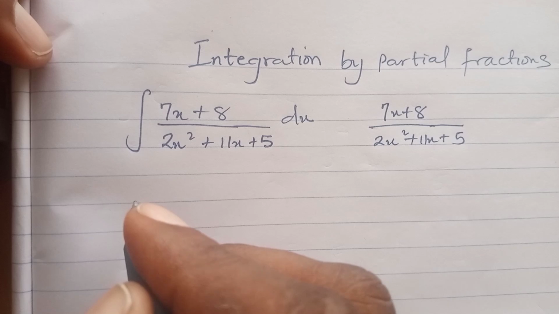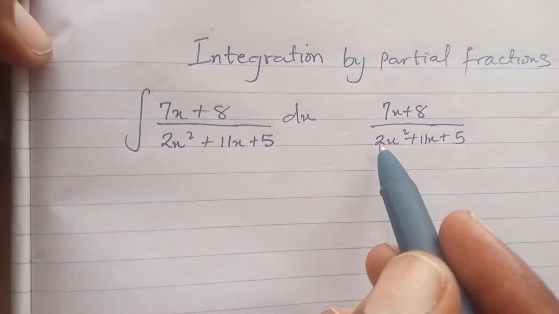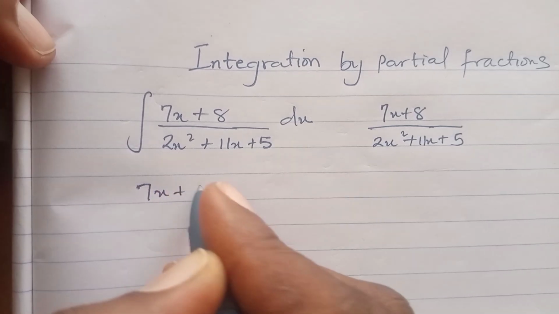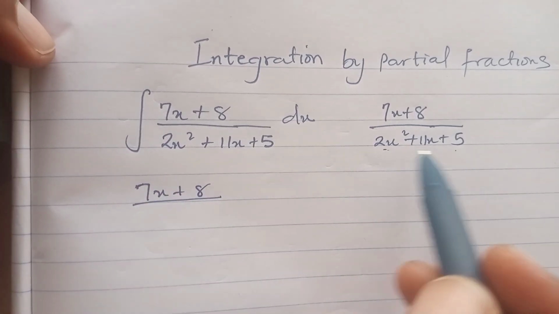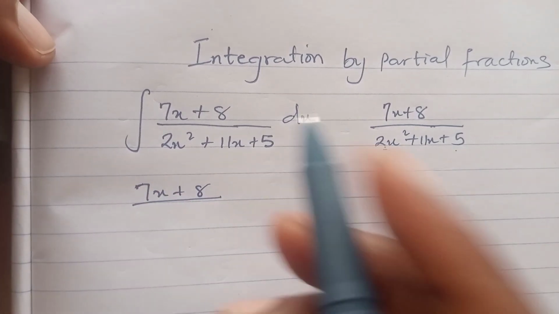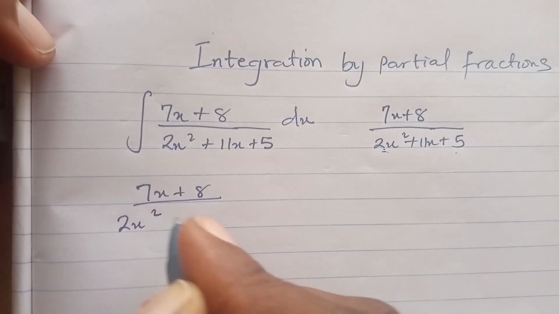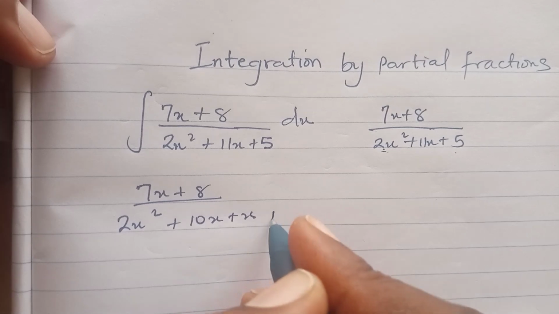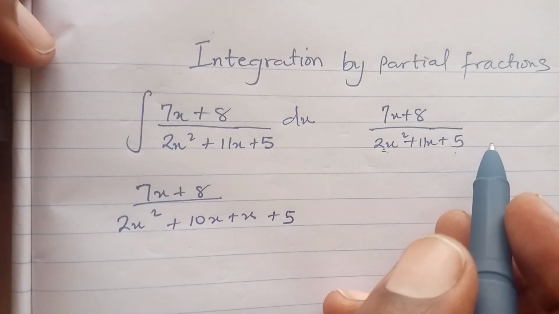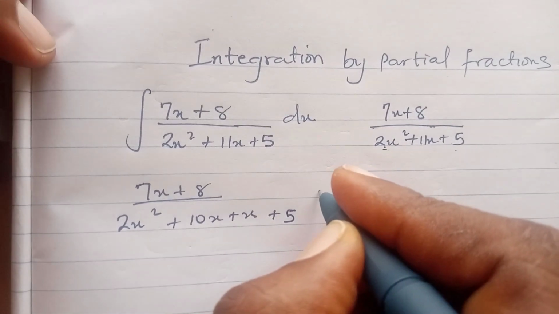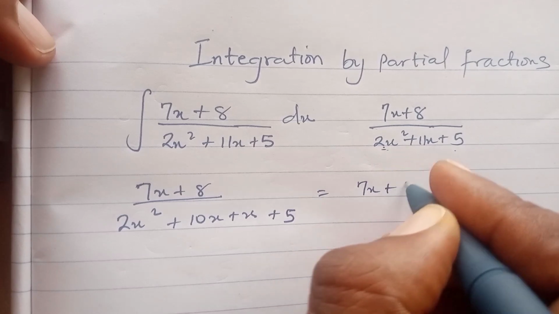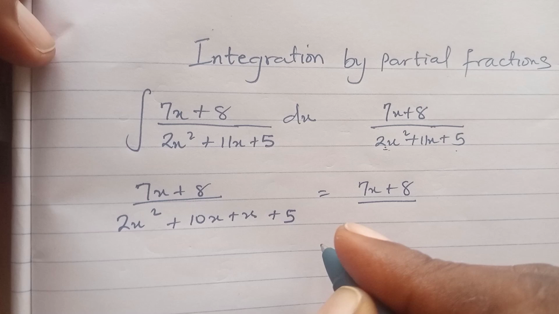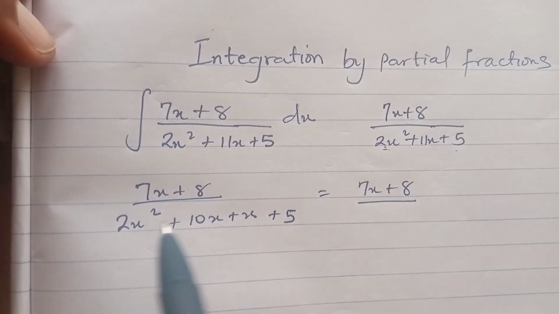The first thing to do is to factorize the denominator. We have 7x plus 8 over, now how can we factorize this? This is 10x squared. So we have 2x squared plus 10x plus x, isn't it? Plus 5. When we factorize this, what's common between this and this?